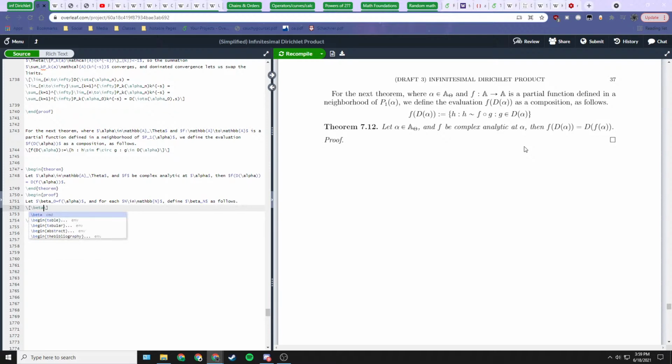So beta sub n is defined as equaling the summation little n equals 0 to capital N of, actually let's do this.